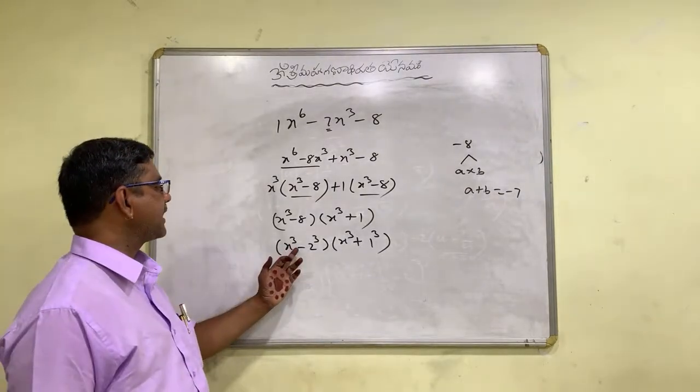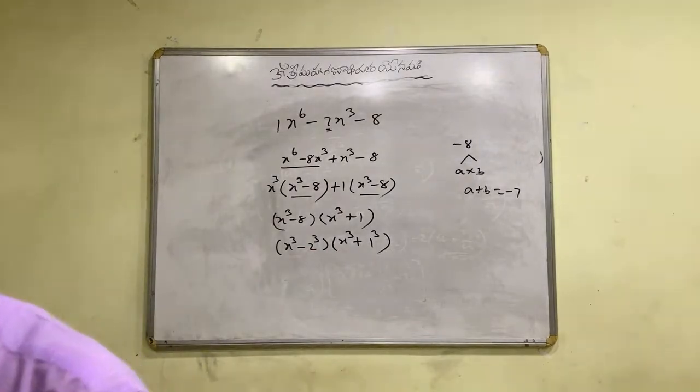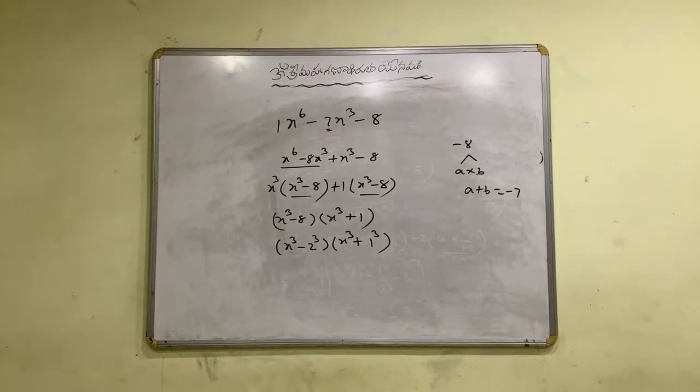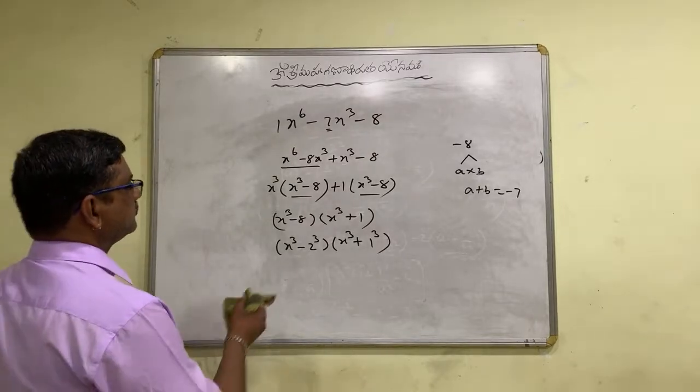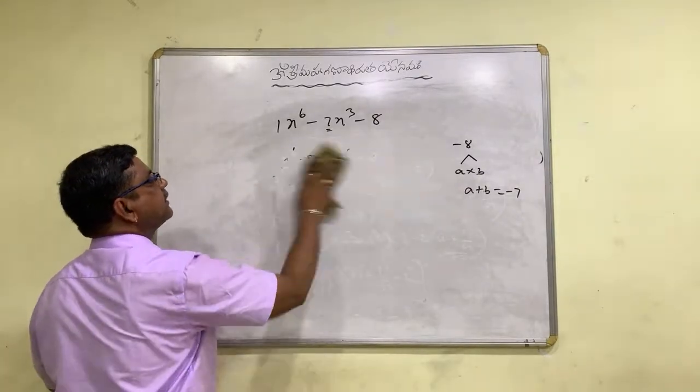This is in the form of a cube minus b cube and a cube plus b cube. I think you can do it. Okay, good. So I will move on to the next model.